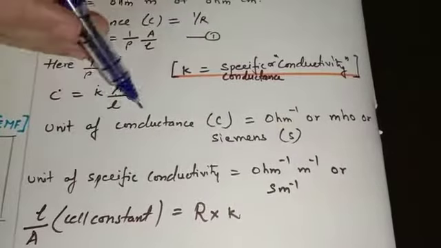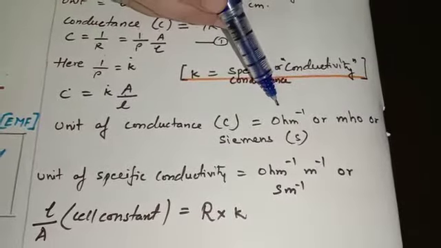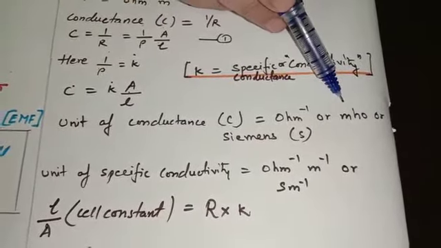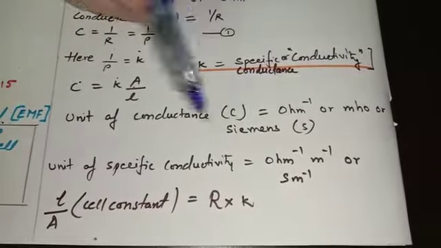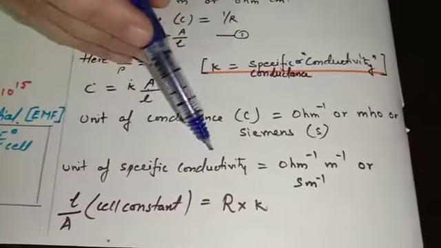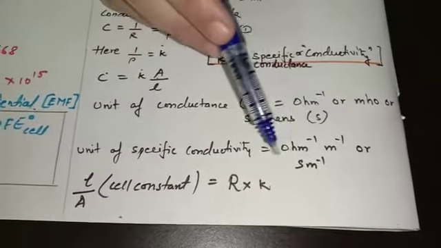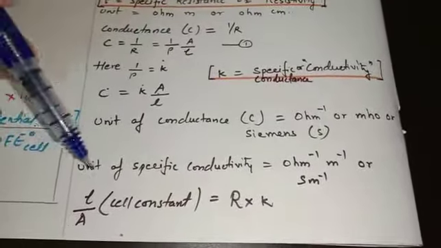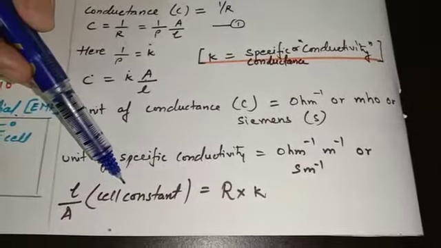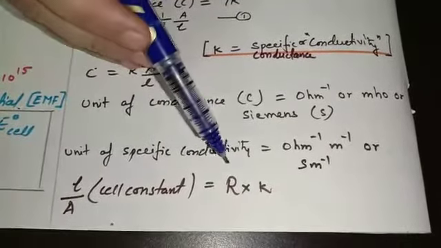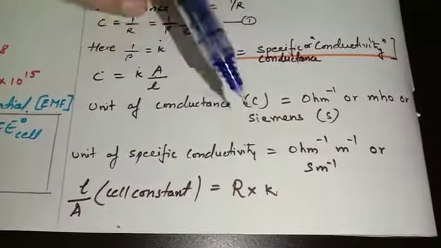The unit of conductance is ohm inverse, or we can write mho, or Siemens. Whereas the unit of specific conductivity is ohm inverse meter inverse, or Siemens meter inverse. L upon A is known to be cell constant, and cell constant is equal to resistance into specific conductivity.